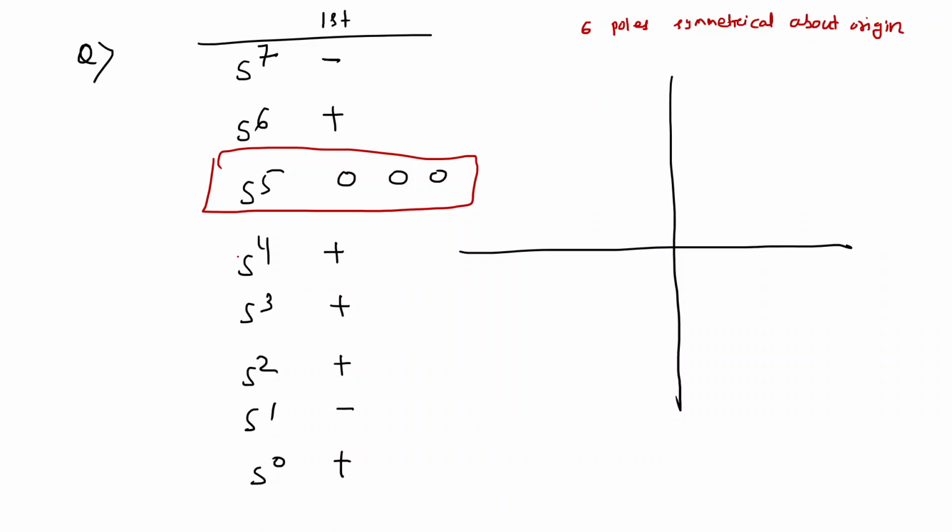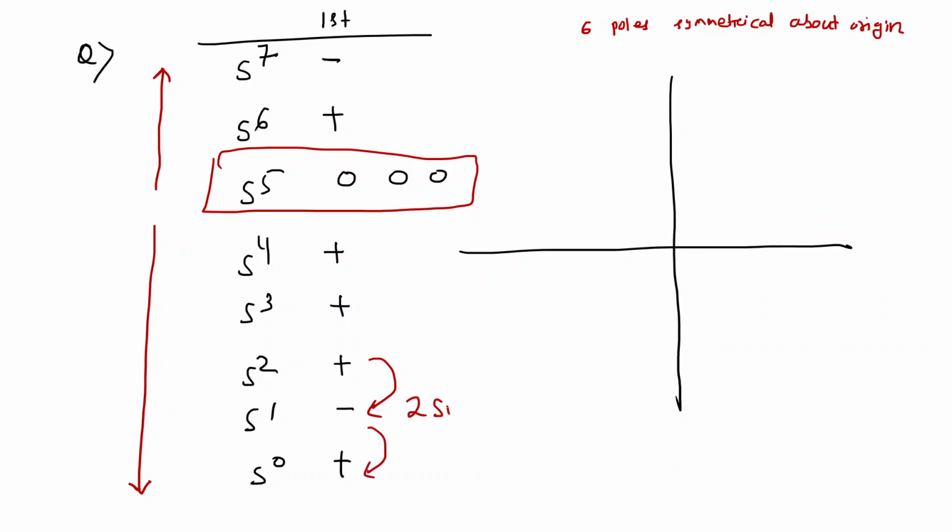The second observation: whenever a row of 0 comes, the question is divided into two parts. You have to look above in one case, and below in the other. Out of these 6 poles, which are symmetrical about origin, look below the 0 line: how many sign changes? One sign change, another sign change.